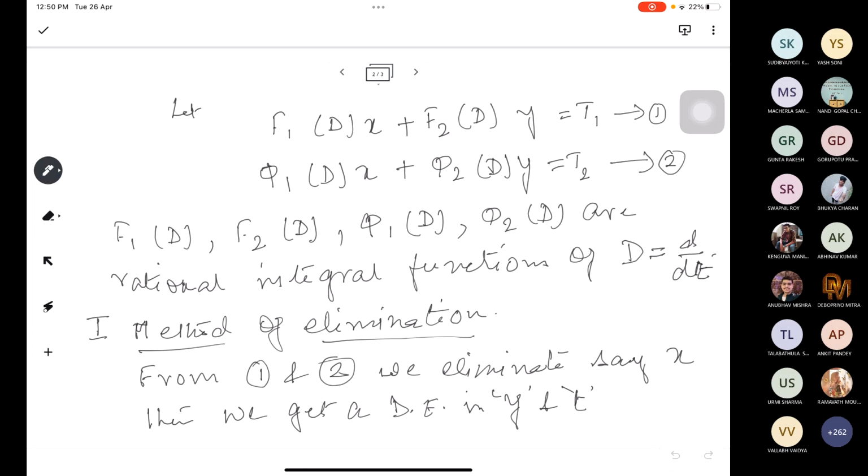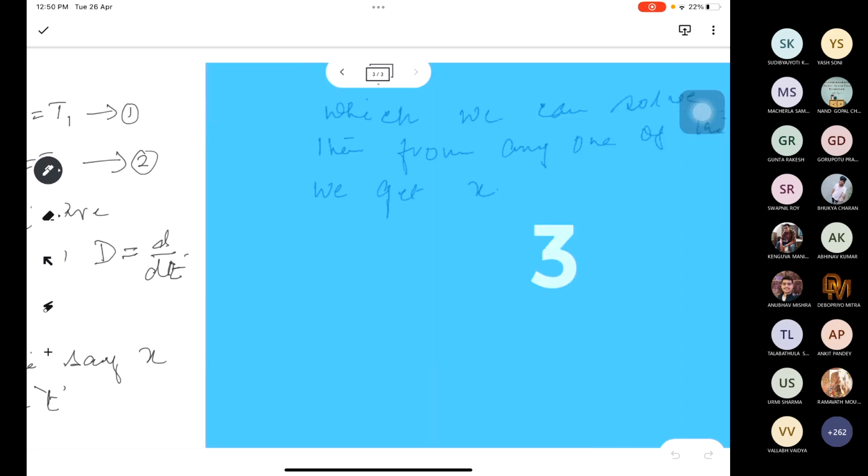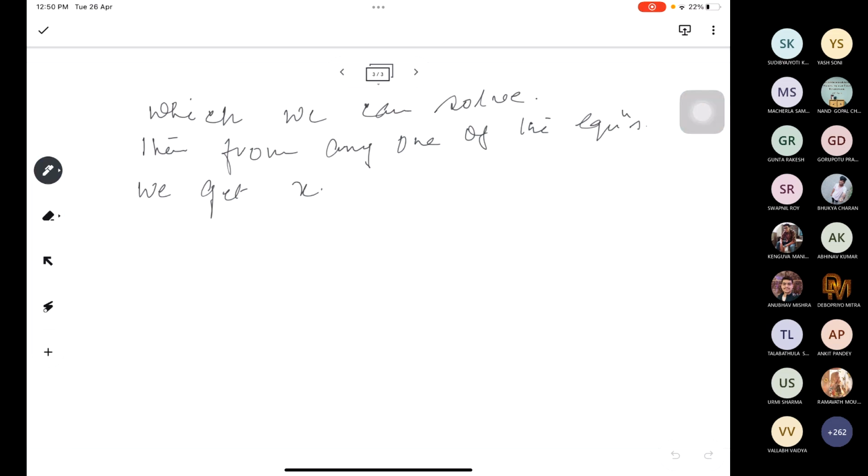We will be left with a differential equation in y and t, which we can solve for y. Then from any one of the equations, we get the solution for x. Let us consider a simple example.